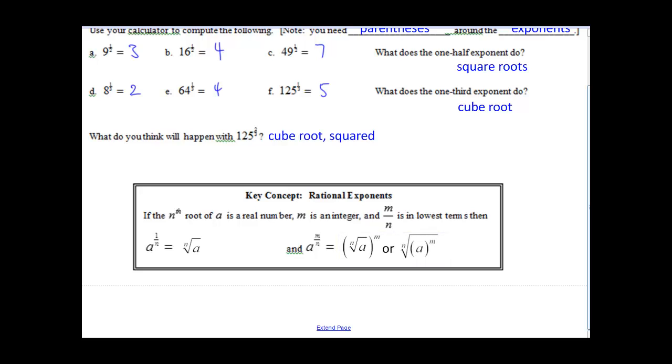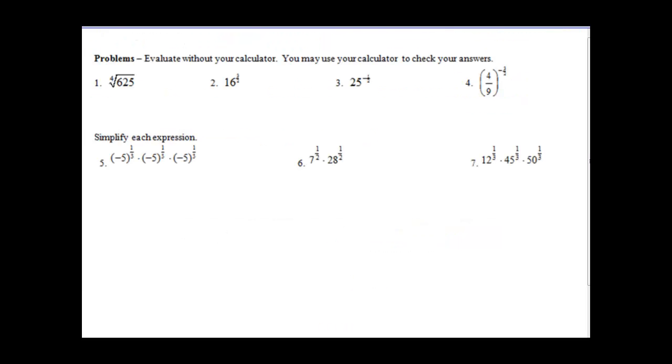The top number, m, is the exponent, and the bottom number is your root. That's what root we're going to take. The main difference between these is you can take the root first, then raise it to a power m, or you can take it to the power of m, and then take the nth root.